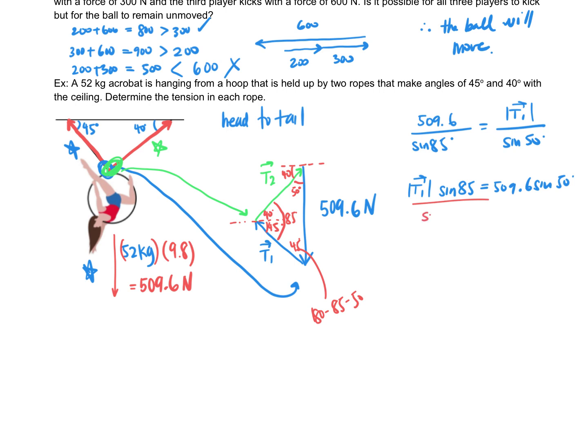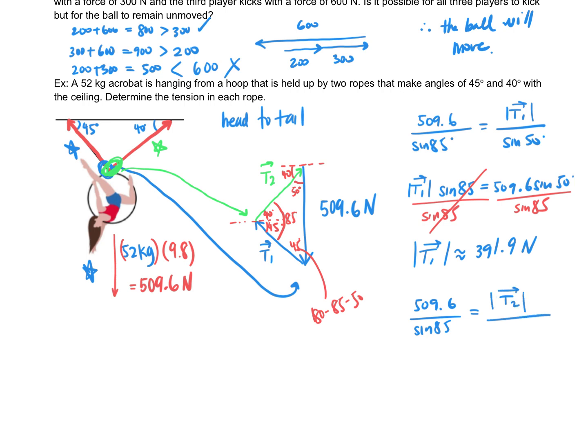I can just divide by sine 85. And when I do that, the magnitude I get is 391.9 newtons. And now we can repeat the process for tension 2. So I'm going to use the same full pair, but the second rope is across from the 45 degree angle, and once again, cross multiply.